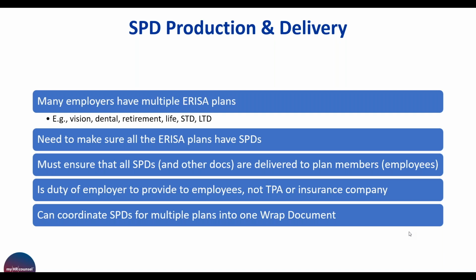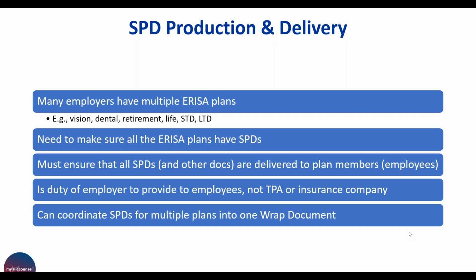summary plan description documents. And then you got to deliver them to your participants, and remember we talked about that it's your duty, the plan sponsor, to deliver these documents to your participants, the employees, not the third-party administrator, unless they have affirmatively told you that they are willing to do that and are going to do that.